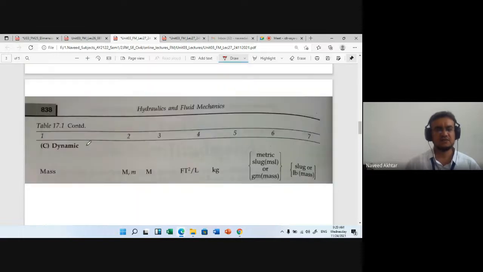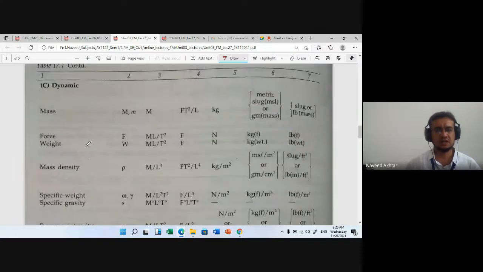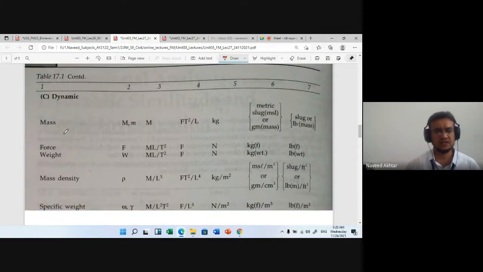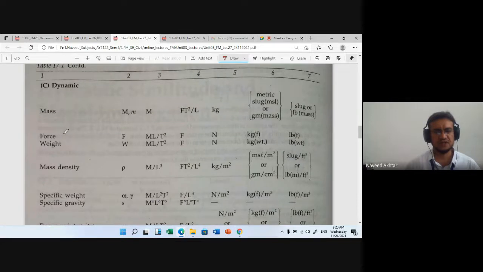Also, we will see some of the dynamic units, which I have taken from the book. The dynamic or dimensional units are mass, generally denoted by the symbol m.